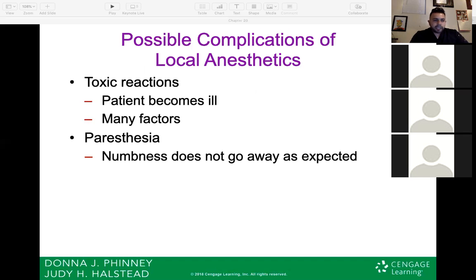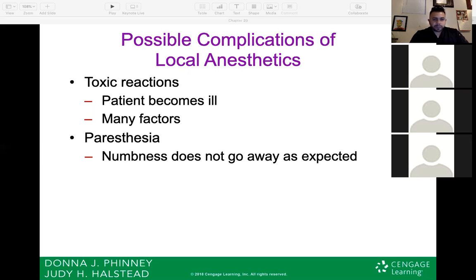Some possible complications of local anesthetics include toxic reactions. This is where the patient becomes ill, and there are many factors to this. It can include an overdose of anesthetic, or the type that's used, the absorption rate, or individual characteristics. For example, some of these anesthetics, especially the ones that contain vasoconstrictors, have epinephrine in them.